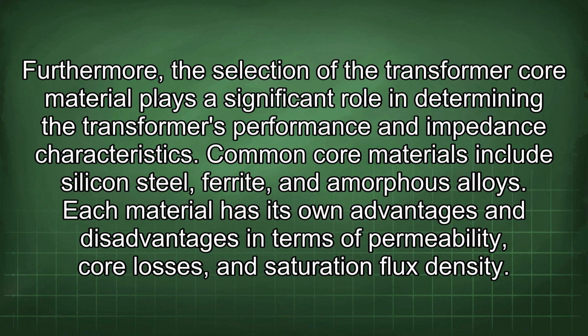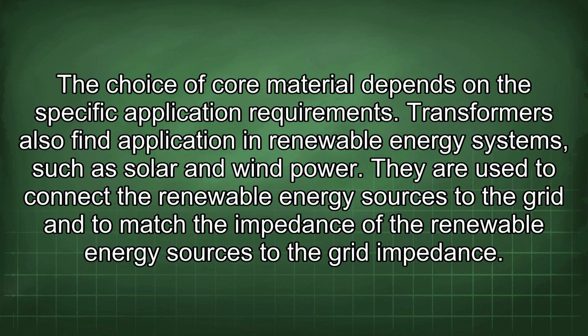Furthermore, the selection of the transformer core material plays a significant role in determining the transformer's performance and impedance characteristics. Common core materials include silicon steel, ferrite, and amorphous alloys. Each material has its own advantages and disadvantages in terms of permeability, core losses, and saturation flux density. The choice of core material depends on the specific application requirements.